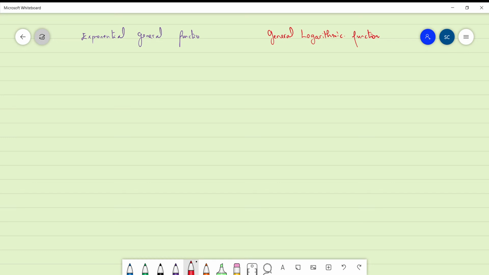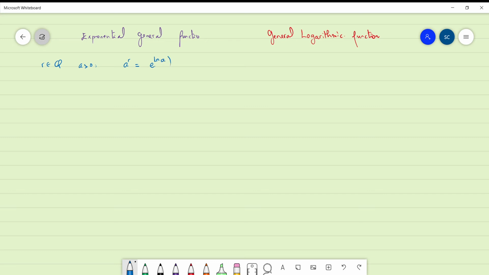So, how are they defined? Let's start. If we consider r a fraction and a a positive number, then we know that a to the power r, we can write using the exponential and the inverse of the logarithmic function.